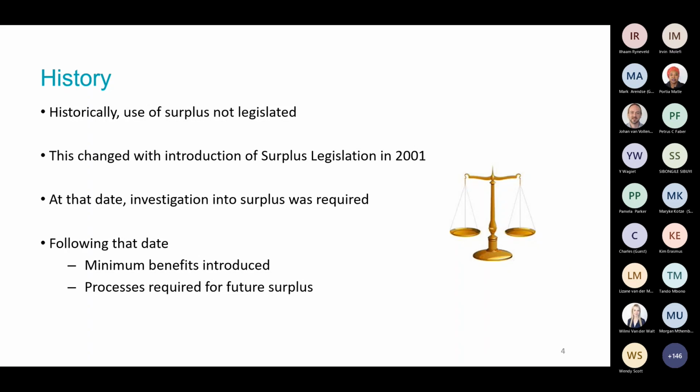In addition, the Act introduced minimum benefits, which I think was presented on Tuesday. The Act also outlined principles that the Board of Trustees can follow when apportioning any future surplus. I'll deal with future surplus in later slides, but it relates to surplus that arises following the surplus apportionment date.